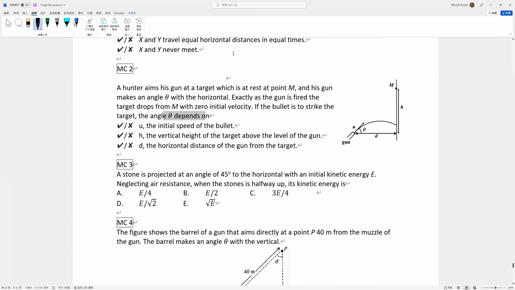We say that whenever the gun points towards the monkey, it can always hit the monkey. So take a look at this triangle. The angle theta should be, tangent theta should be h over d. So that means theta depends on h and d. So the answer should be h and d, not depending on u.